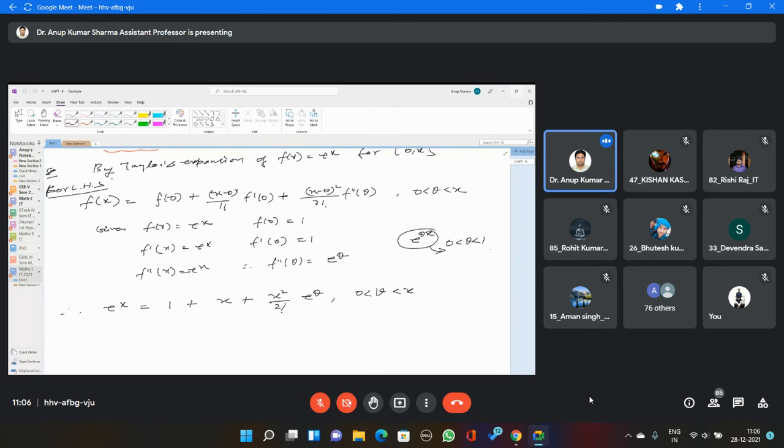When we are writing e to the power theta x, then theta is 0 to 1. When we are writing only theta, the assumption is different here. It's not theta x, that means now it becomes a fraction, because this value tends to x, and with x and without x, this is 0 to x.